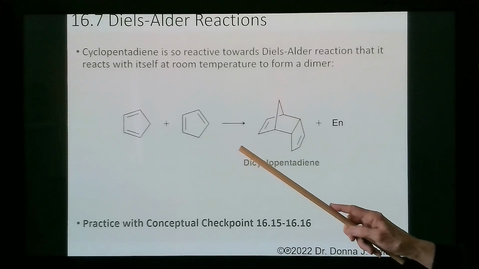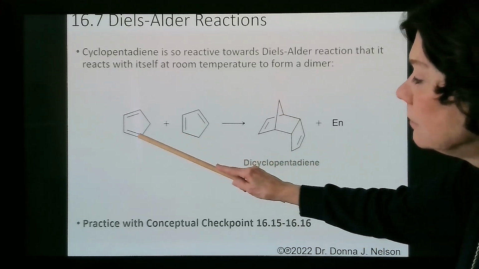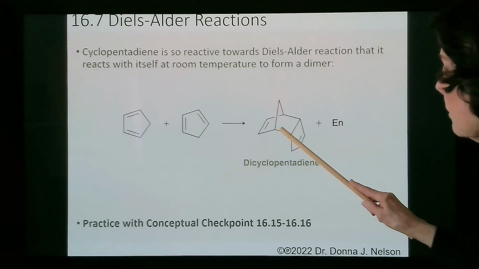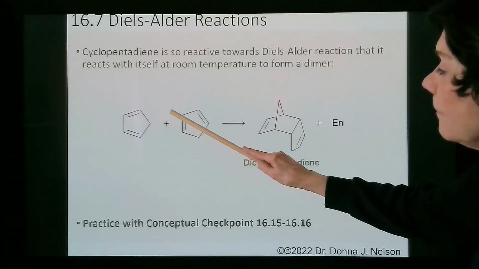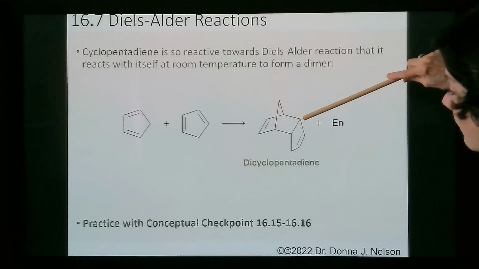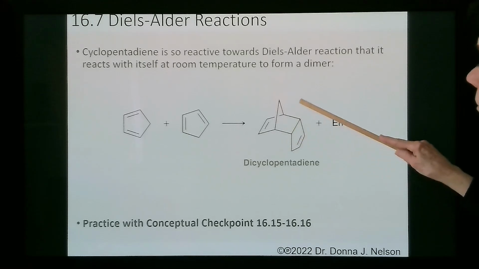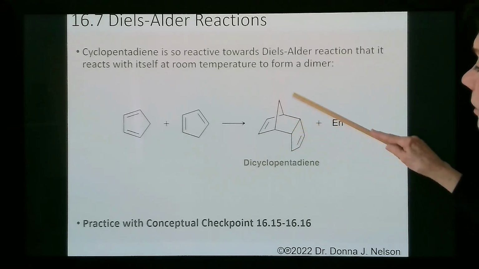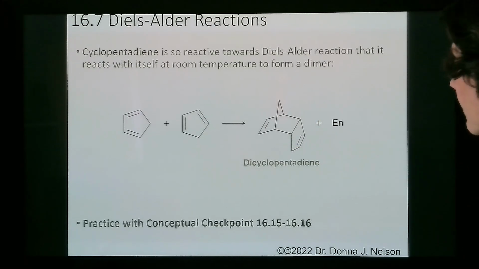So the two new bonds that are formed are here and here. Okay, so both of the two new bonds are right here. You can see the 5-membered ring over here, the 5-membered ring over there.